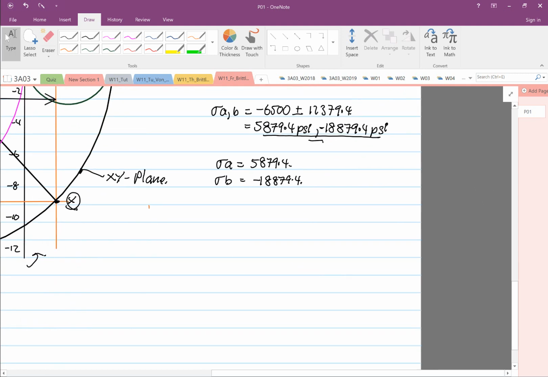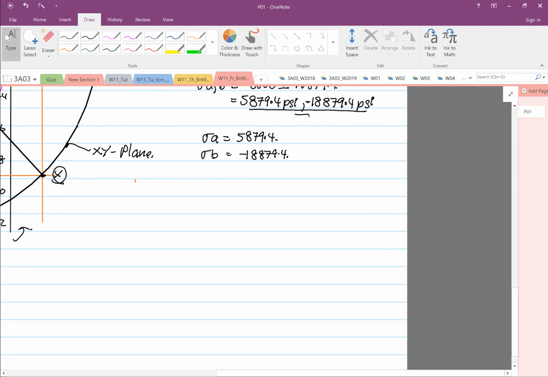If we were to construct our Mohr's failure envelope, remember we have a graph like this. This is our stress A, stress B, and we have a diagram something like this, right? Very similar to this.